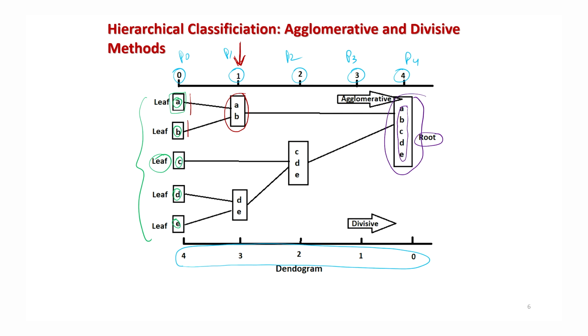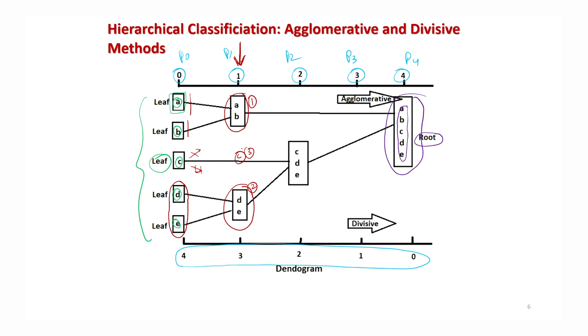At the same stage we also find that the units D and E are similar, so we merge them together into one cluster, DE. C is not similar to any of them. So at this stage, we have cluster number 1, cluster number 2, and C remains as cluster number 3.